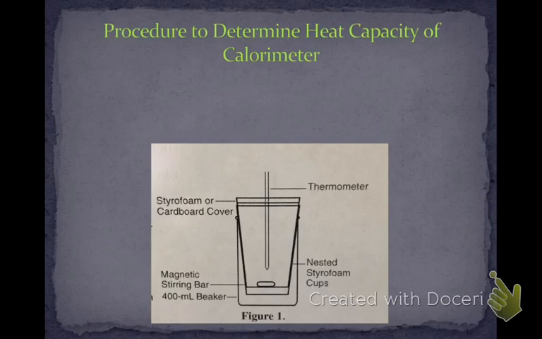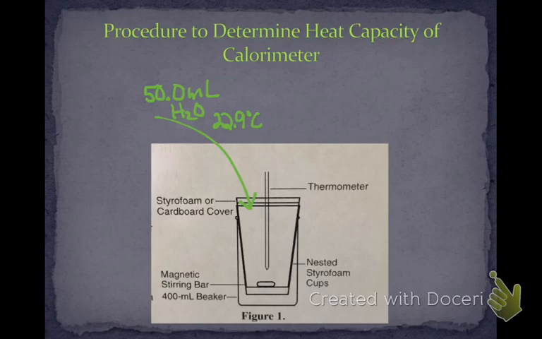So the first thing we're going to add is 50 mL of room temperature water, and it would be distilled water that we would be using. If you want to record this on your data sheet, the temperature of this water is 22.9 degrees C at room temperature.